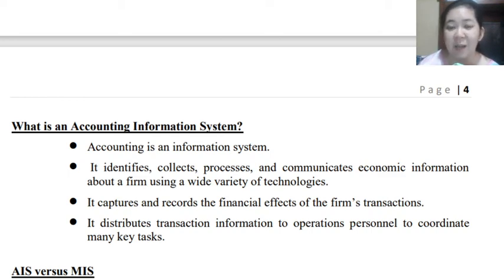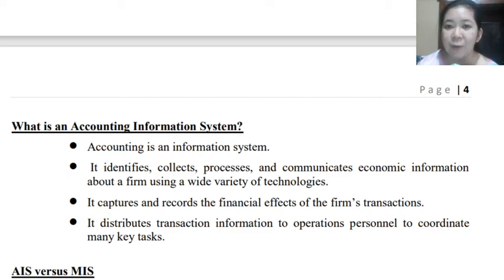Okay, so that is what accounting information is, using technologies as well. So another AIS function, this captures and records our financial transactions that affect the firm's assets, liabilities, equity, income, and expense accounts. Okay, and of course, your AIS distributes transaction information to operation personnel to coordinate many key tasks.